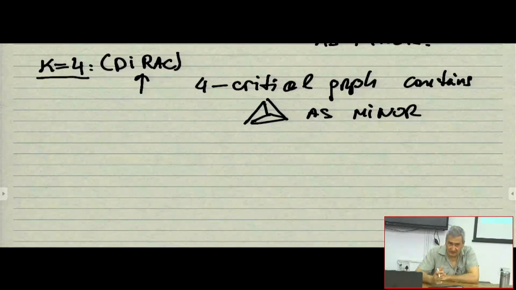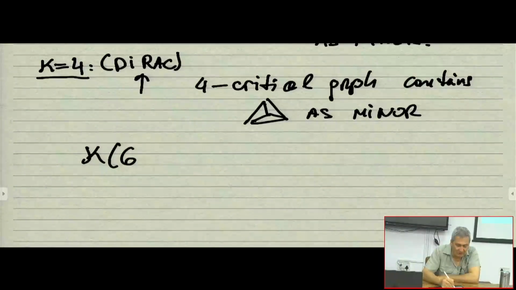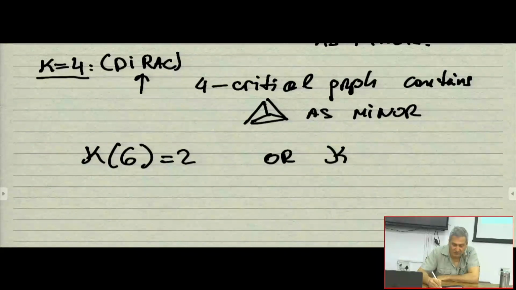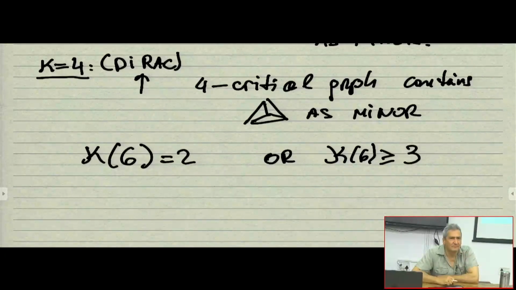The graph is critical, we assume it, to keep it simple. Then the connectivity of G can be 2, or the connectivity of G can be at least 3. Okay?